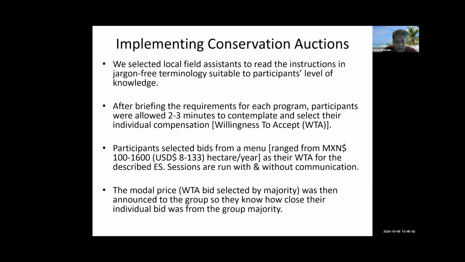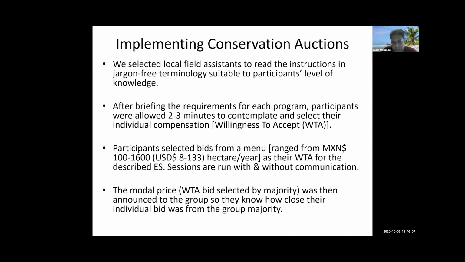We selected field assistants from local schools, and we give them a bid structure from 100 to 1,600 pesos, which is almost 4 times what they are getting now. For example, now they are getting $40 per hectare per year and so on.